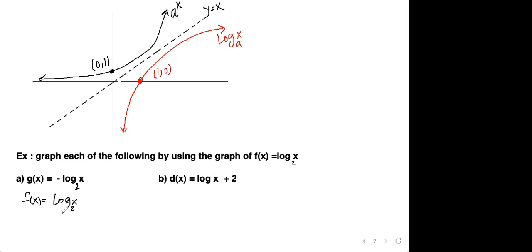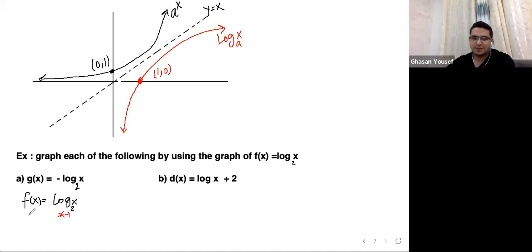Multiply both sides by -1. Yes, multiply both sides by -1, you will get negative f of x equal negative log x to the base 2, and this is the same as g of x.